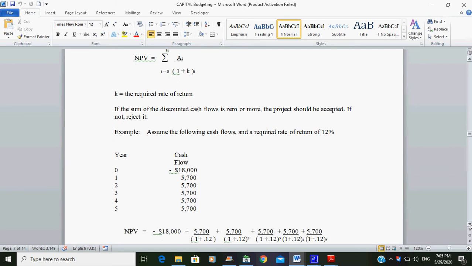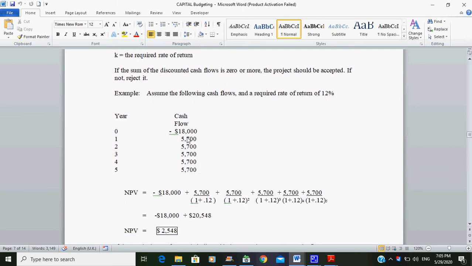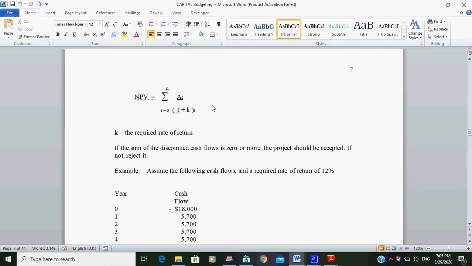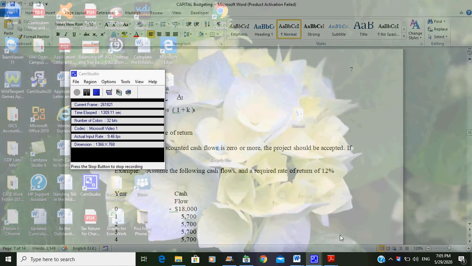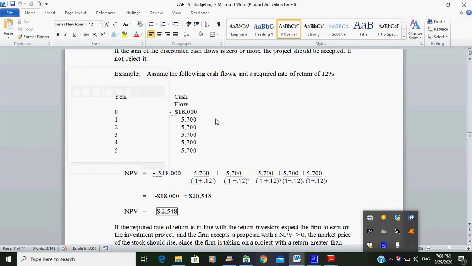Now this negative 18,000 is the cash outflow. And then you have a fixed amount of 5,700 each year.